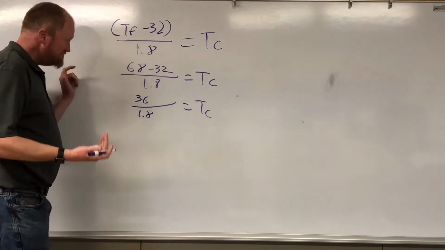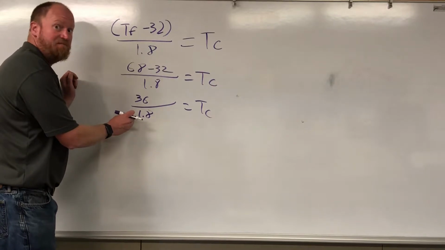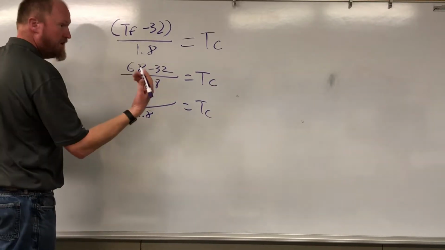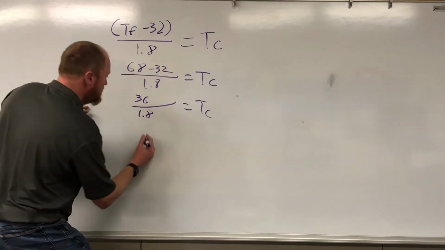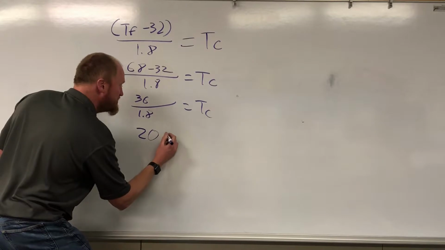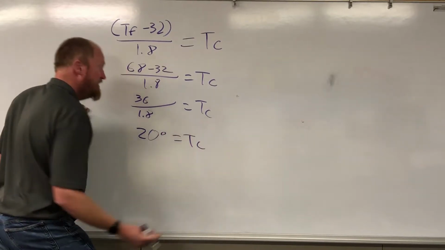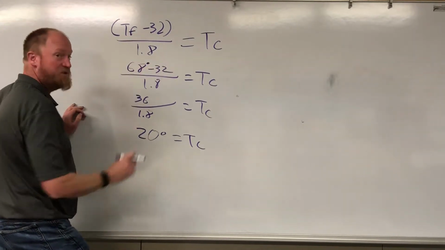Now, keep going here. 36 divided by 18 is 2. 36 divided by 1.8 is 20. A calculator would tell you that, but sometimes things that look a little more complicated, just think about it. So 20 degrees Celsius is what this is. So 68 Fahrenheit, 20 degrees Celsius.